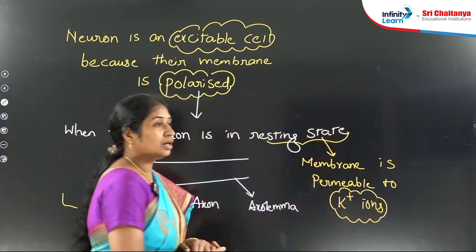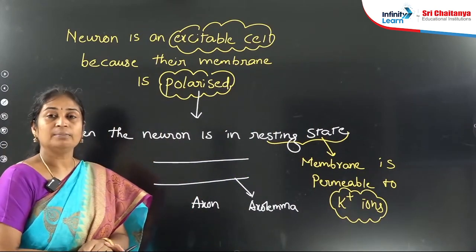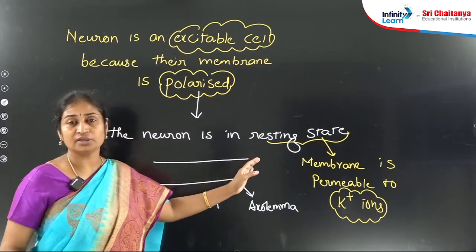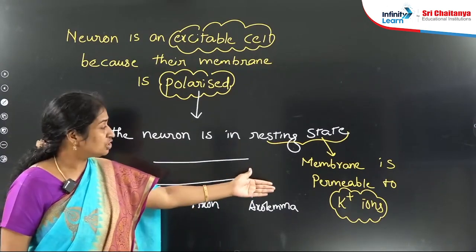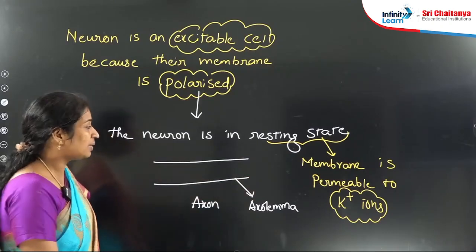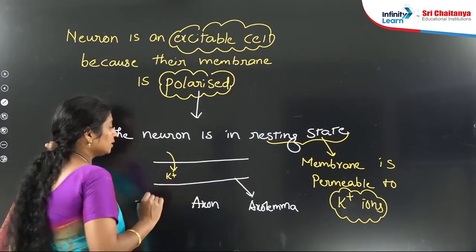Suppose this is the plasma membrane or axolemma. When the membrane is in the resting state, without any stimulus, potassium can diffuse through this membrane.